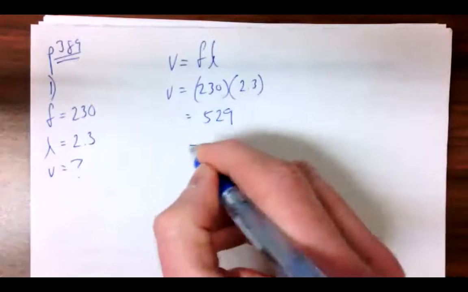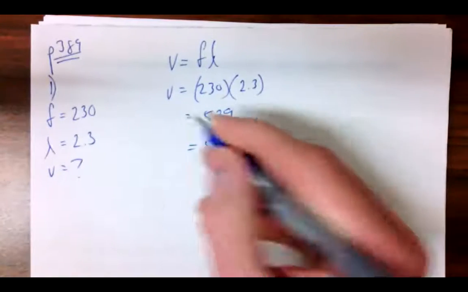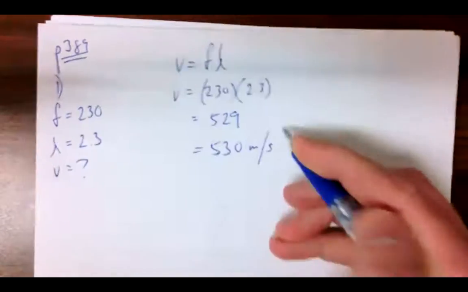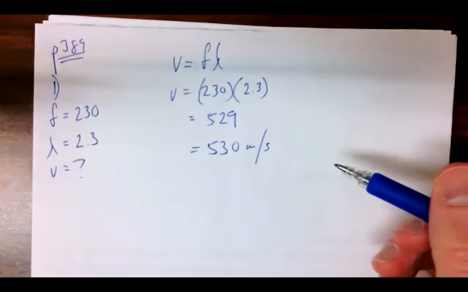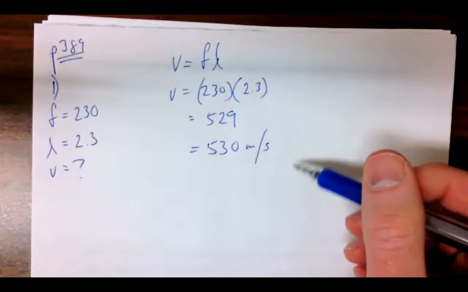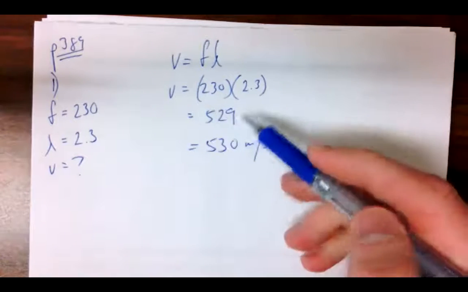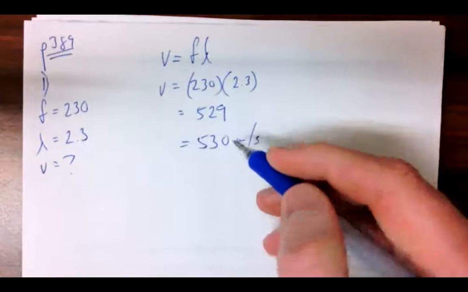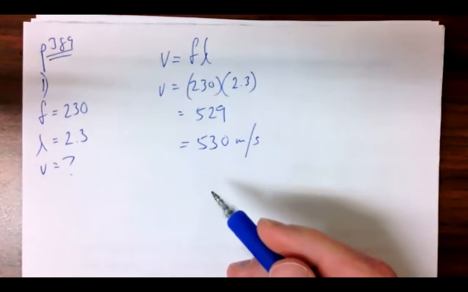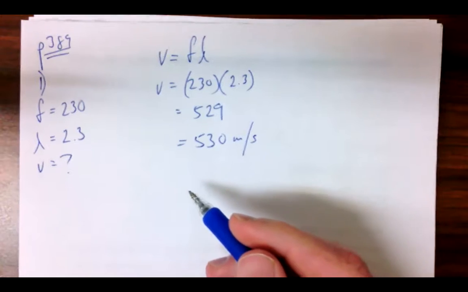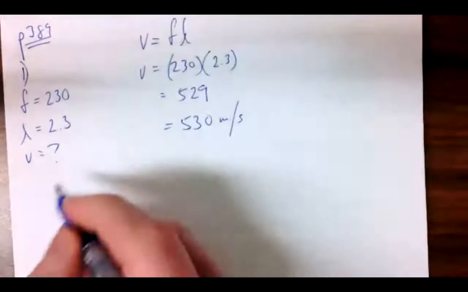We need 2 sig figs, so that's 530. Speed, meters per second, not velocity, speed. And that's kind of as hard as it gets for determining wave speed on its own. So I'm not gonna do the other two questions. Once we get to the end, if somebody really wants me to, I will. But they're just like that.